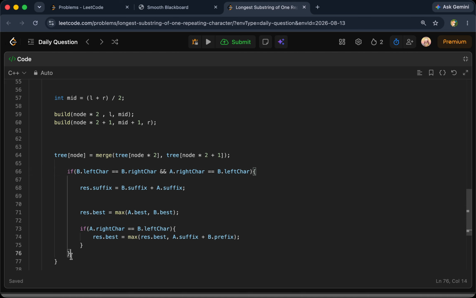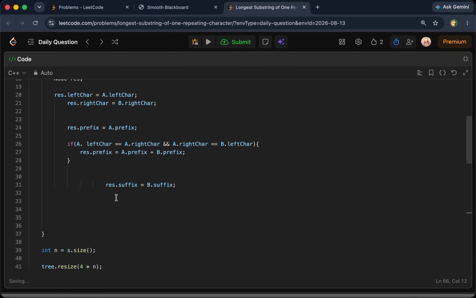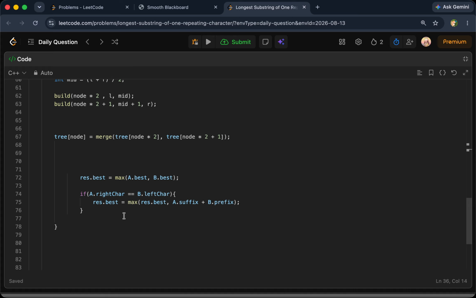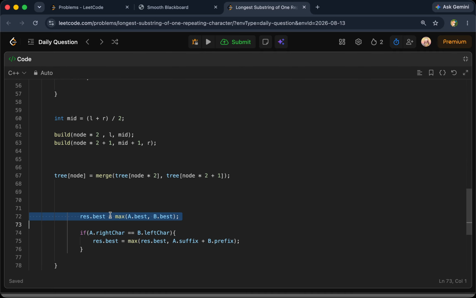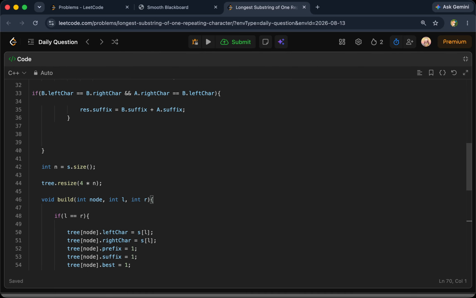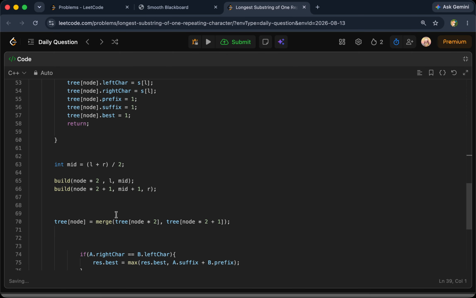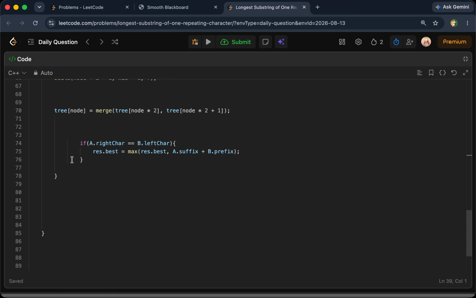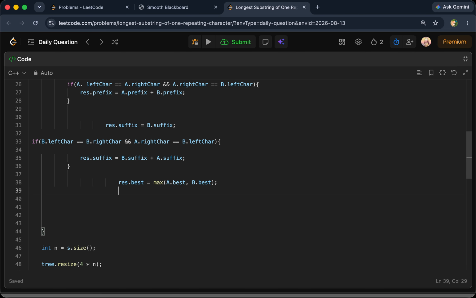I have to close this here only. Then if a right character will be, so just a second.